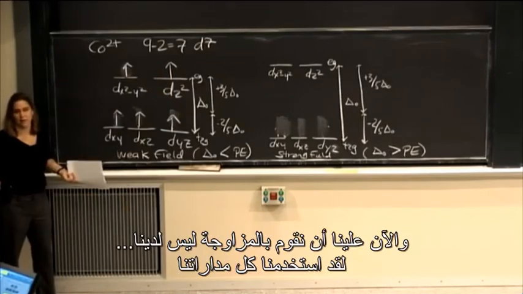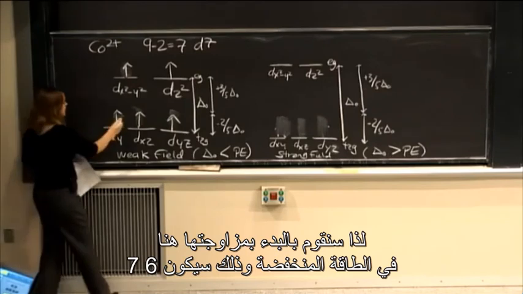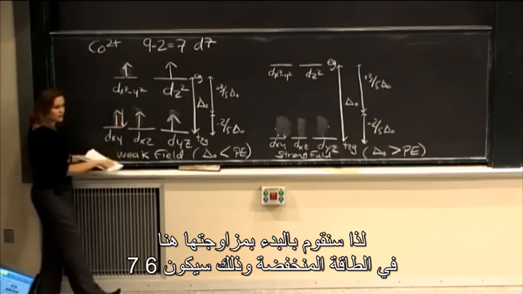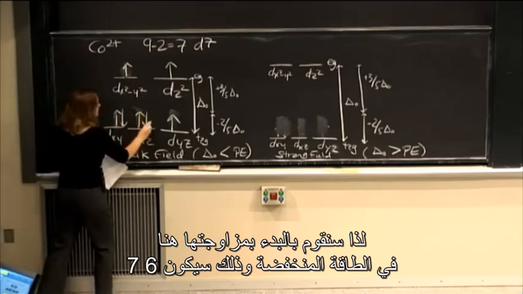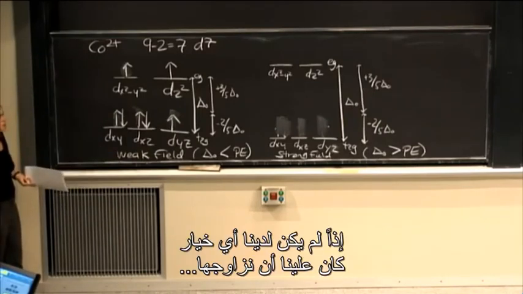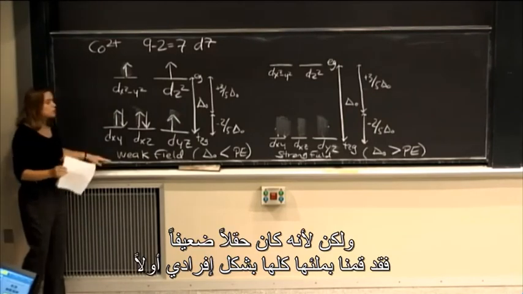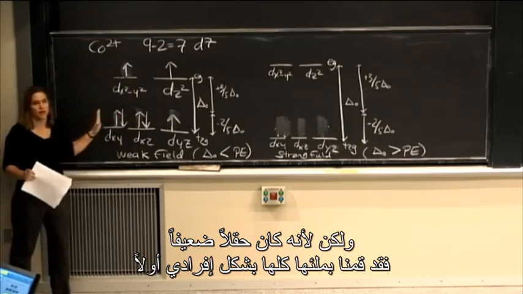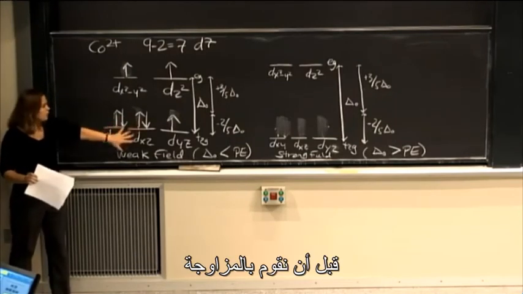And now we have to pair. We've used up all our orbitals, so we're going to start pairing down here in the lower energy. So that'll be 6, 7. So we had no choice. We had to pair them. But because it was a weak field, we filled them all up singly first before we paired.